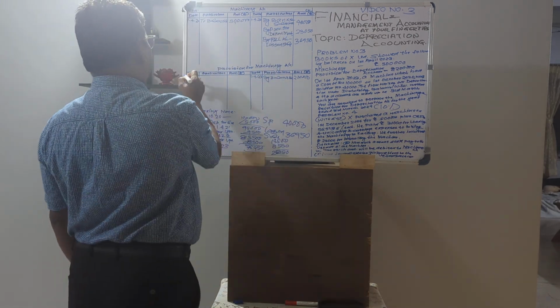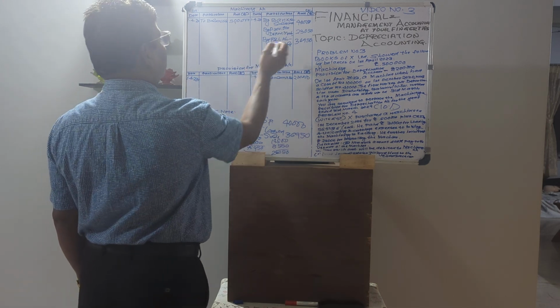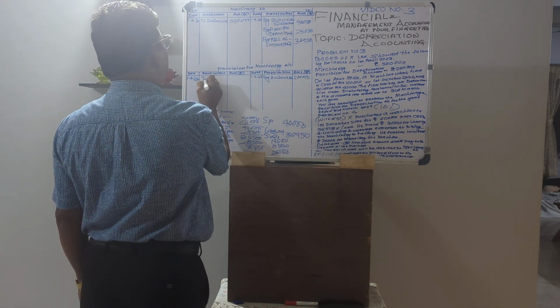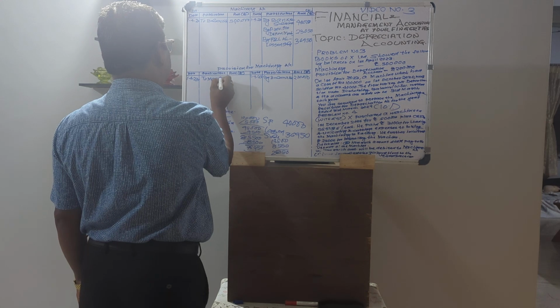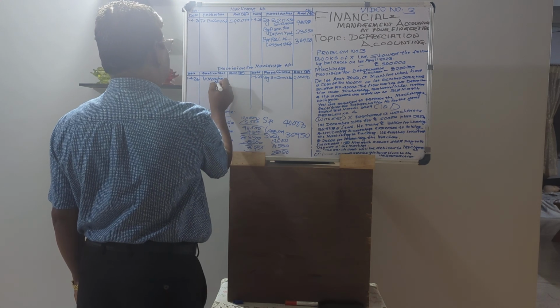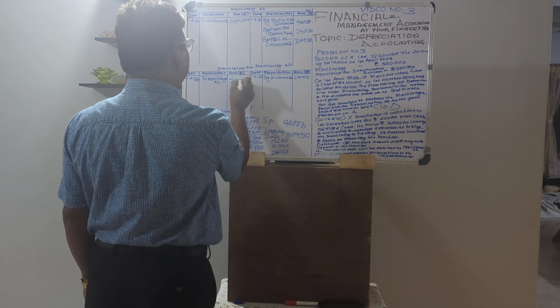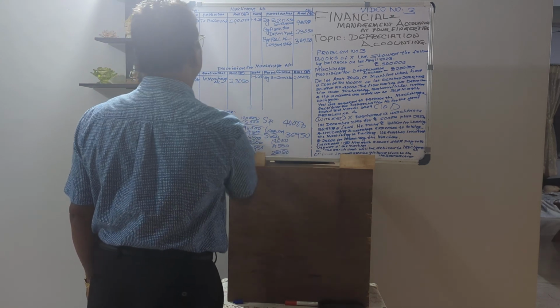So here posting will be done on 1st April 2023 to the machinery account. The amount is 23,050.